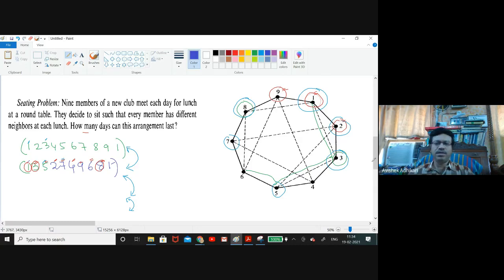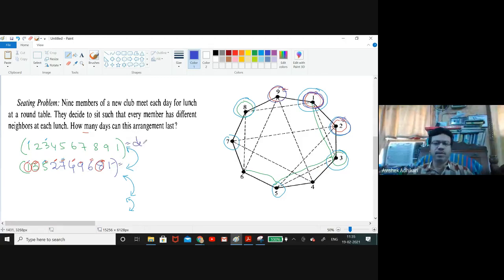For example, suppose here the first member is sitting on the first day. On the first day, his neighbors are 9 and 2. On the next day, both 9 and 2 are not eligible to sit beside member 1. We have already seen two such arrangements.